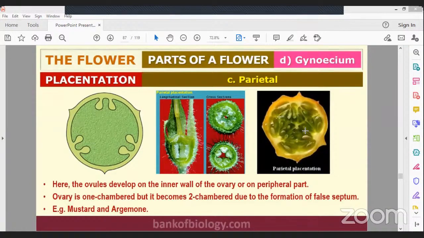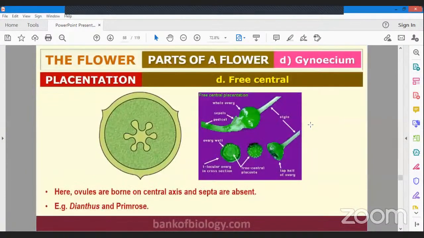Done. So next we go to free central placentation. Here ovules are borne on the central axis and the septa are absent. Example, dianthus and rose. So take it down.